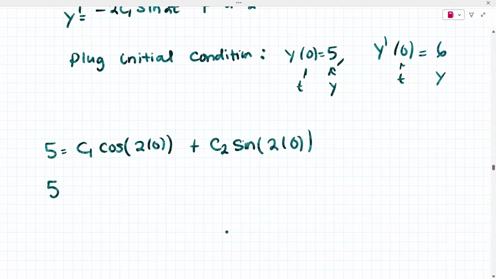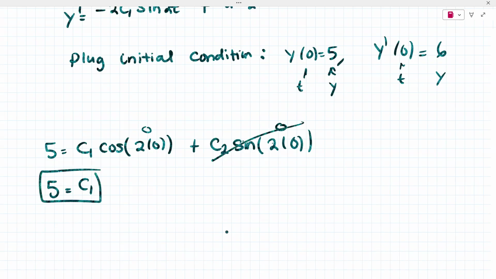So that's 5 equals c1 times cosine of 0. Cosine of 0 is 1, right? 2 times 0 is 0, cosine of 0 is 1, and 1 times c1 is c1. And then sine of 0 is 0, so that just disappears. So you have 5 equals c1.